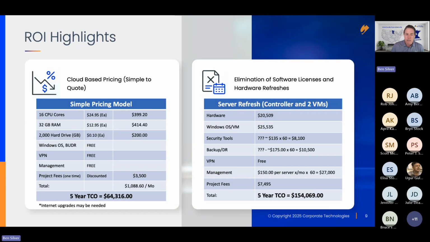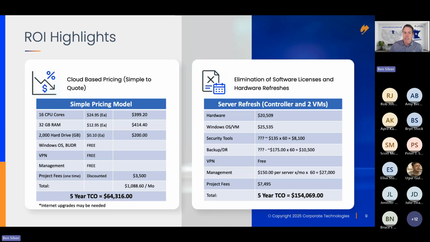When we talk about the investment in moving to the cloud, I put this up here as a reference. This is actually a real world example that we had. And I want to start with the option on the right. So for our customers that are evaluating moving to the cloud, let's just say they've got a server that's 3 to 4 years old.